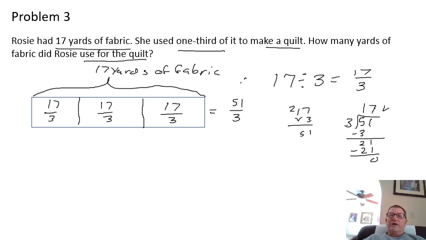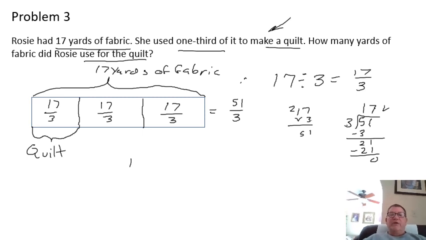Now let's go back to the question. How many yards of fabric did she use for the quilt? Well, according to this right here, she used 1/3 for the quilt. So I wouldn't say that she used 17 thirds yards. So I'm going to have to use a standard algorithm and divide that. Well, I know 3 goes into 17 5 times, because it'd be 15, and I have 2 left over. Remember, we don't do remainder 2 anymore. We're going to write it as a fraction.